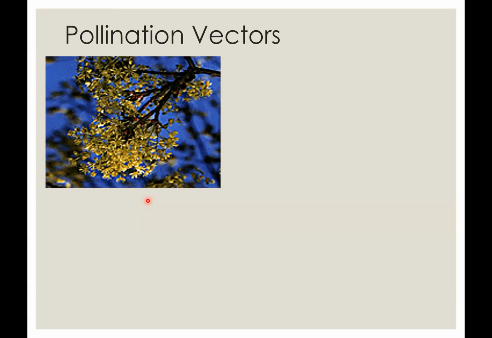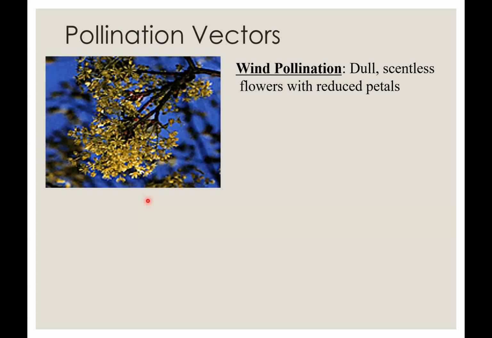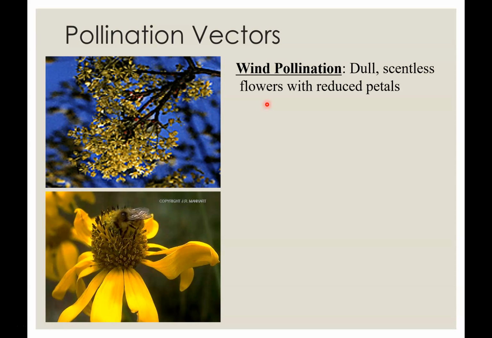There are pollination vectors. Pollination vectors include wind pollination: dull, scentless flowers with reduced petals rely on wind as the pollination mechanism. So these flowers tend to be dull or scentless. They have no smells, and that's the way they disperse their pollen.